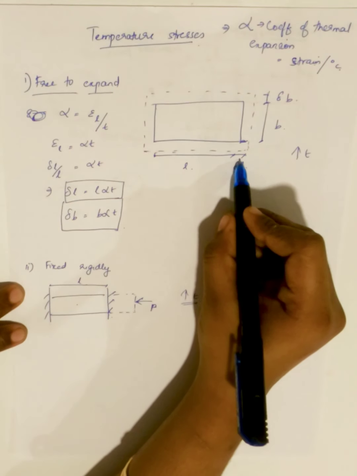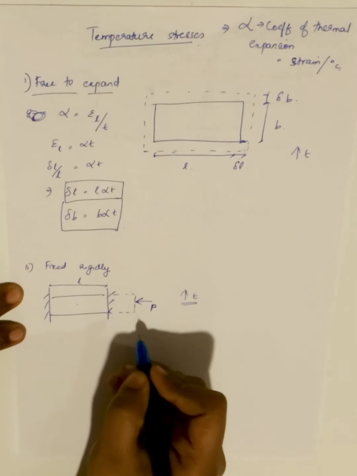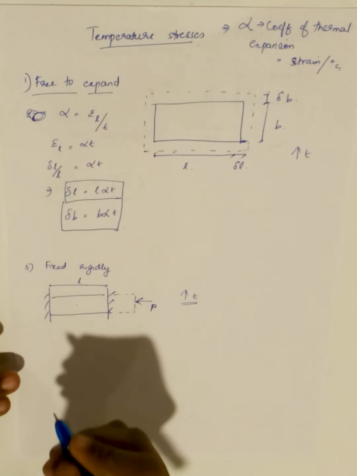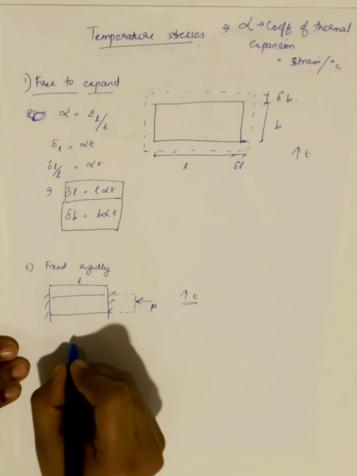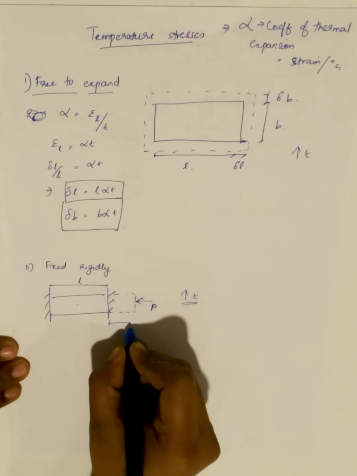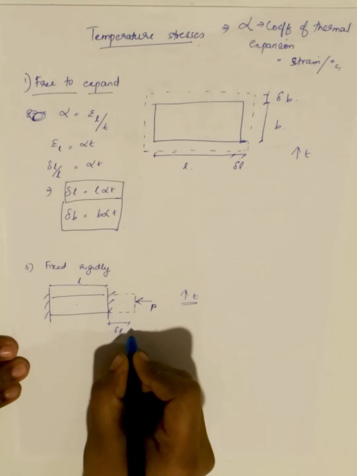If it is free to expand, then there won't be any stress developed. Because it is prevented, stress is developed. Now the bar is trying to increase by delta L.